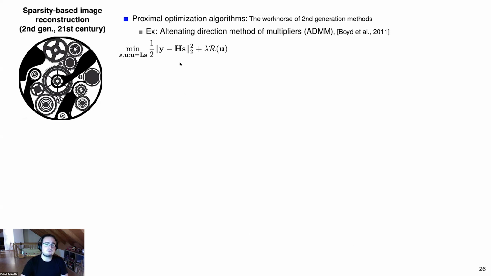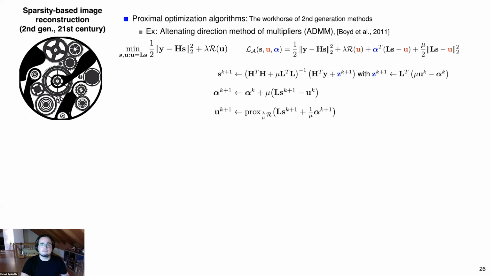So for that, what we do is we extend the optimization problem by creating a dummy variable U, which equals LS. And then we set up the same optimization problem, and we will exploit the separability that the creation of this dummy variable gives us. So to do that, we first formulate the augmented Lagrangian, which basically has the cost function here, a Lagrange multiplier, and then a penalization term for not fulfilling the constraint.